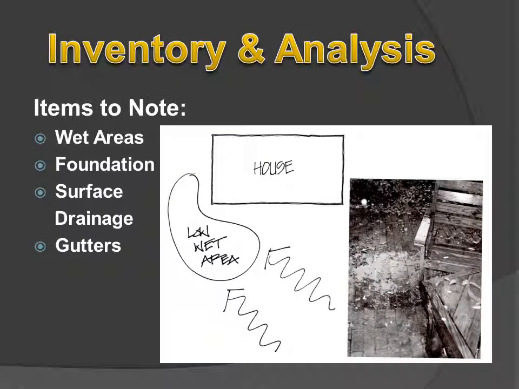Areas snowed around the house, existing wet locations, wet areas, the foundation, surface drainage, and the gutters: where the gutters are located and whether or not they have gutters, or if the gutters look to be insufficient. You can pretty much tell. Are they connected?